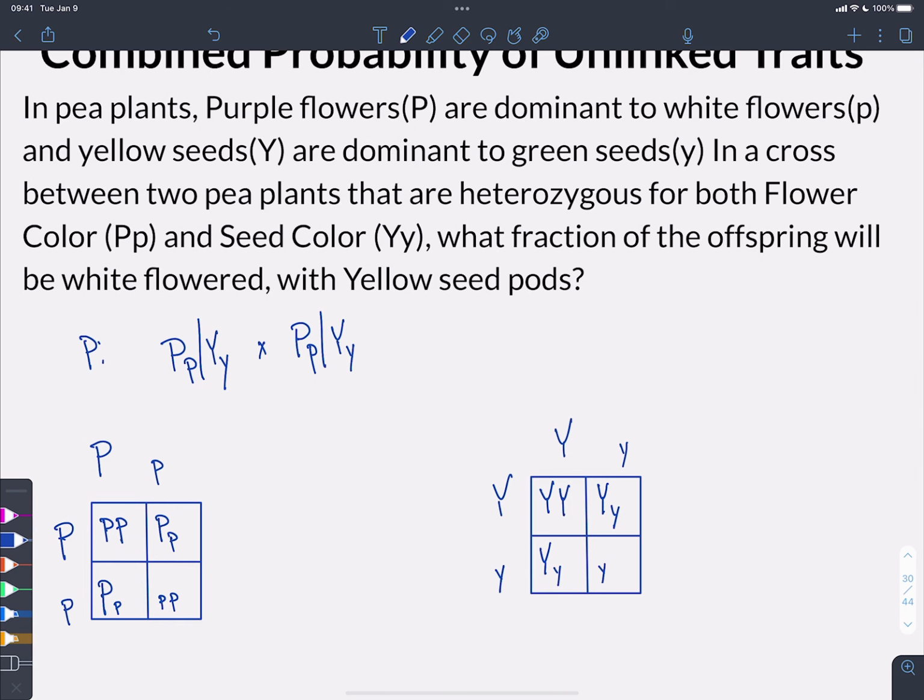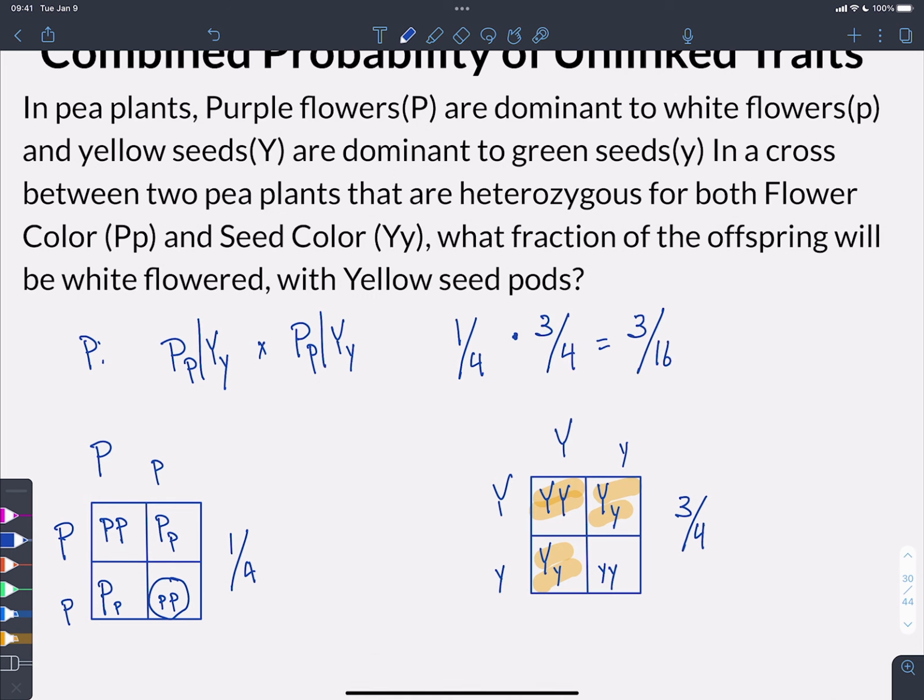And now we can just find the individual probabilities of these two traits that we're looking for and multiply them by each other. Our white flowered plants are going to be present 1/4 of the time in our flower color cross, whereas yellow seed colored plants are going to be present 3/4 of the time in our seed color cross. So the probability of having offspring that are white flowered with yellow seed pods is going to be equal to 1/4 times 3/4, the independent probabilities of each one, which is 3/16.